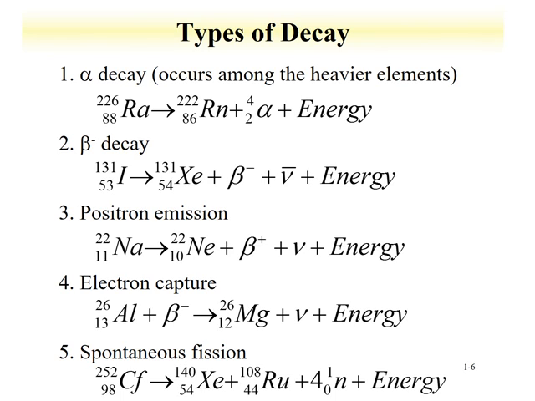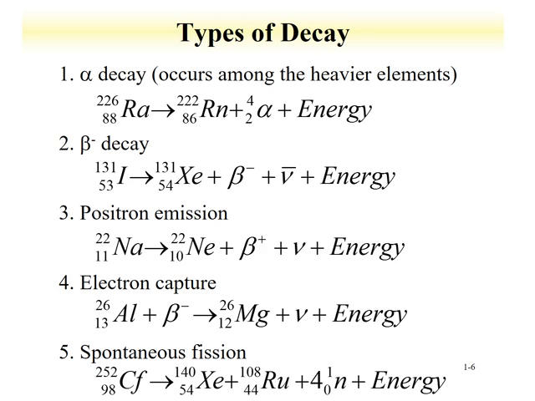Okay, radioactive decay. There are some common radioactive decays listed here. There's a full list in your table of the isotopes. Alpha decay, where a helium nucleus is emitted, usually happens in the heavier isotopes. Beta decay is the emission of an electron, where a neutron is converted into a proton, building up the periodic table.